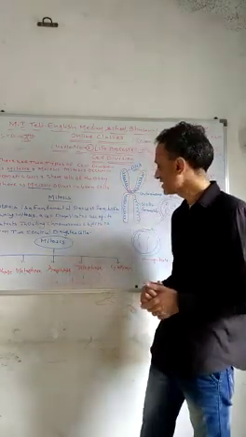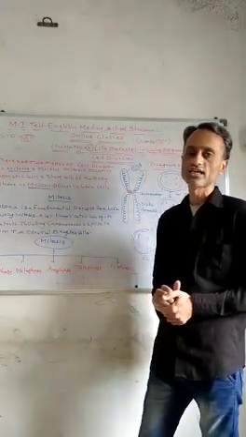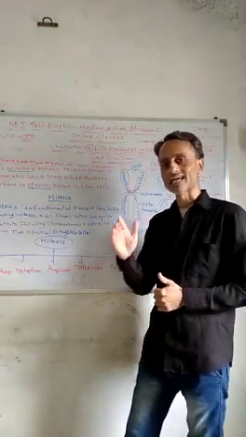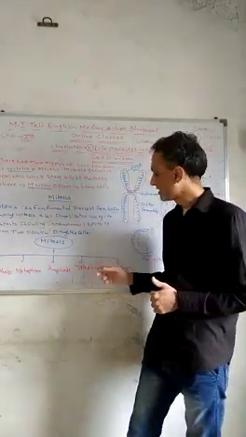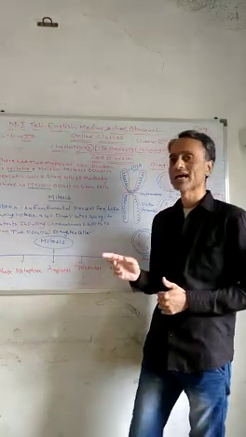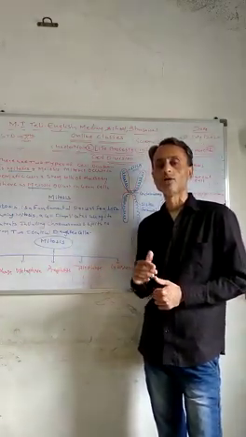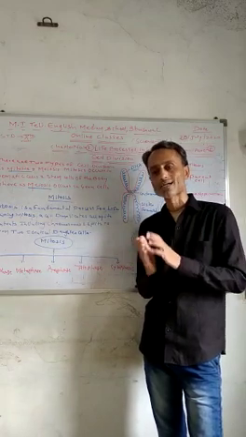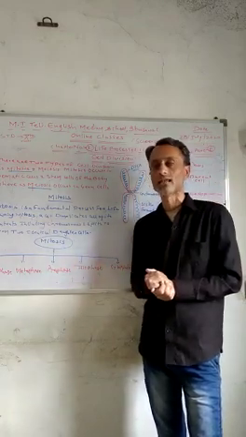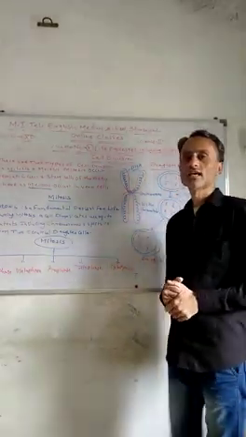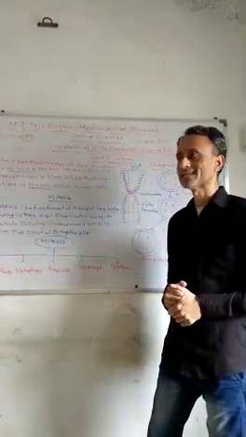The fourth stage is known as the telophase stage. At the telophase stage, the nuclear membrane starts to reappear and the chromosome starts to decondense and they become thin thread-like structures to form two separate nuclei at two opposite poles of the cell. The last stage of the mitosis is known as the cytokinesis.